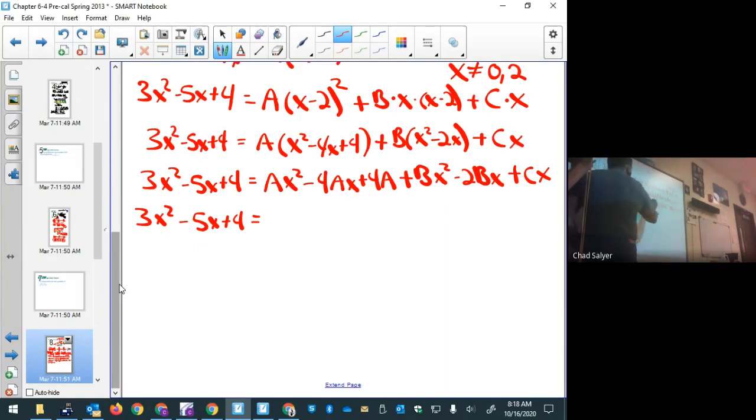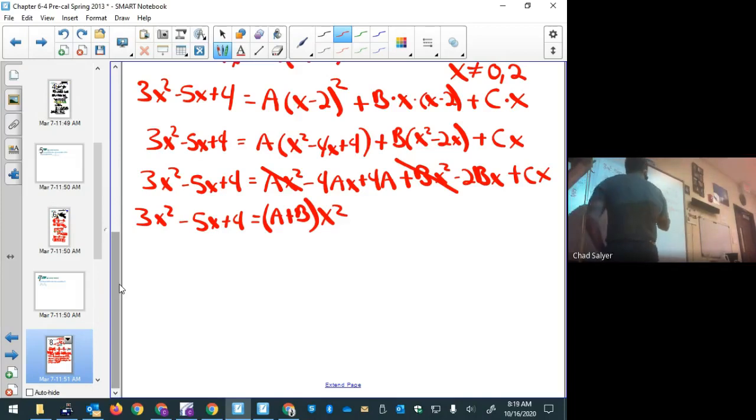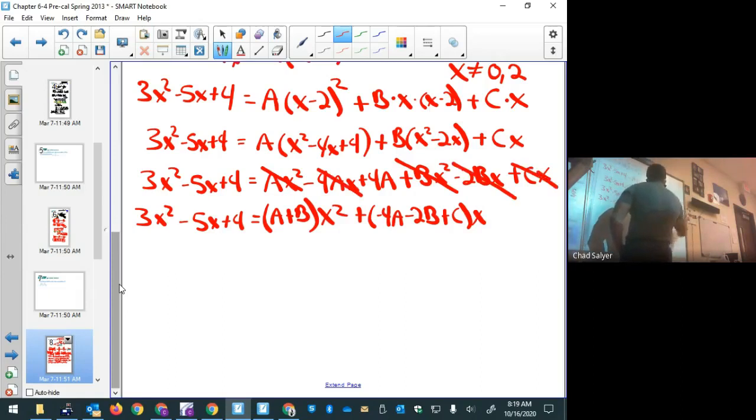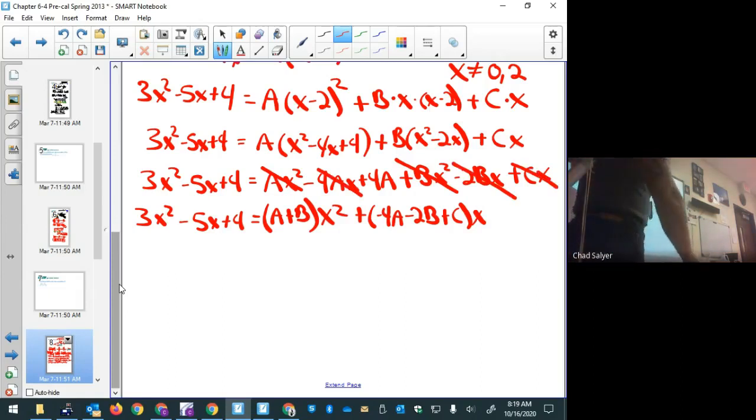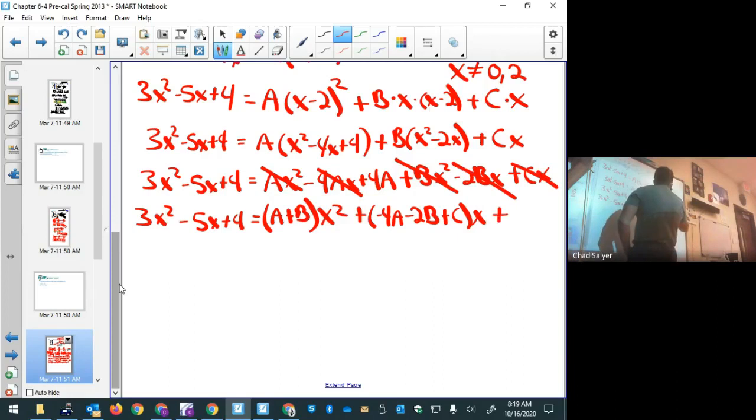So I've got Ax squared plus Bx squared, and those are both the x squared terms. I've got three terms involving x: minus 4Ax, minus 2Bx, plus Cx. And then plus 4A.